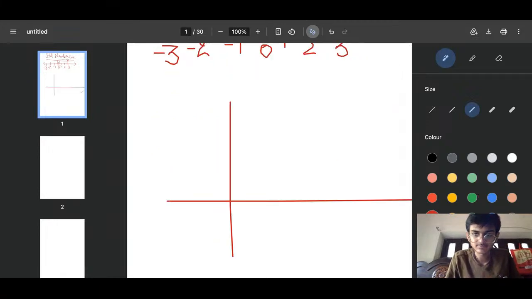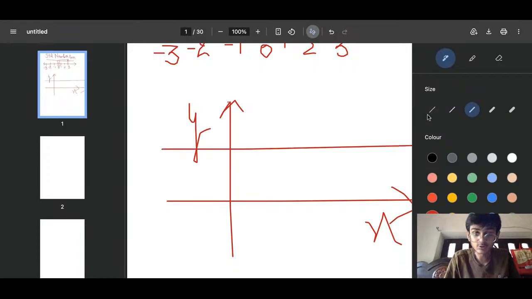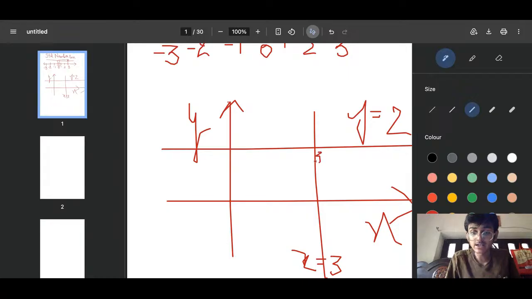Suppose you have the x-axis and the y-axis, and suppose you are drawing the lines y equals 2 and x equals 3. How are you defining 3 comma 2 here? You are defining 3 comma 2 as the point of intersection of two lines, that is x equals 3 and y equals 2.